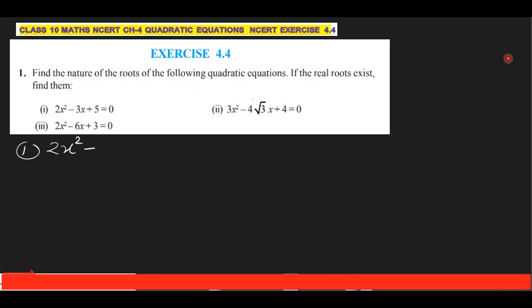That is 2x square minus 3x plus 5 is equal to 0.